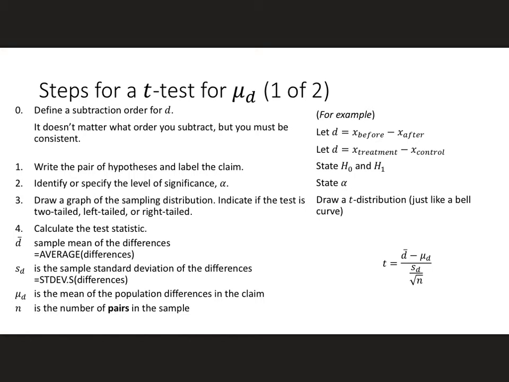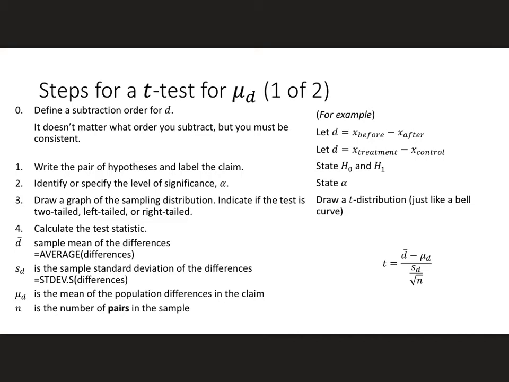So you can say, let d be x sub before minus x sub after. Another way you could write it would be, let d be x sub treatment minus x sub control. You can write it either way. Just make sure that you do tell me how you are doing the subtraction. It does not matter what order you subtract. You just must always be consistent.